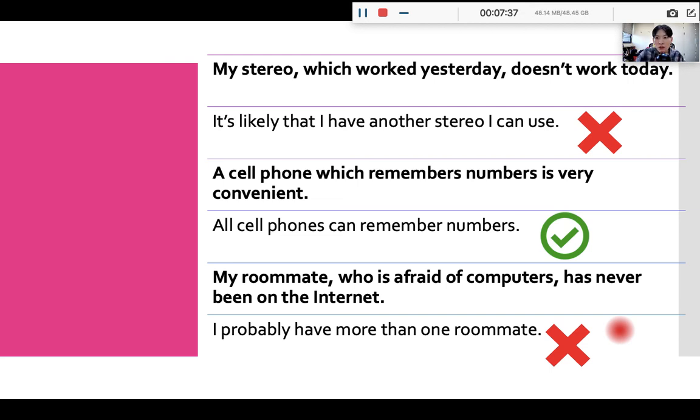Okay, relative clauses are really important because they help us connect and combine sentences in writing. And sometimes when you find it difficult to understand a paragraph or an article, it is mostly because you cannot understand the relative clause. So if you understand the relative clause, you can break down sentences or an article more easily.